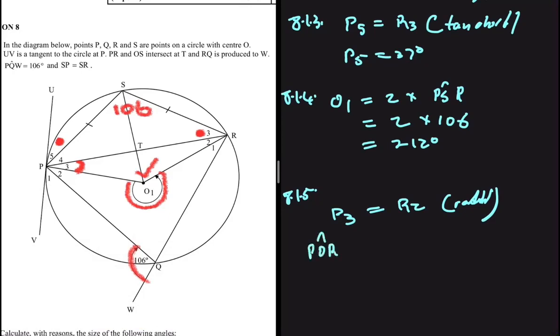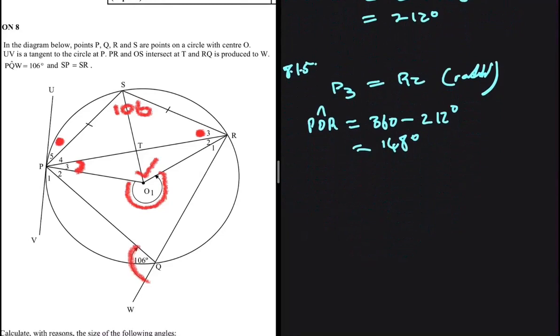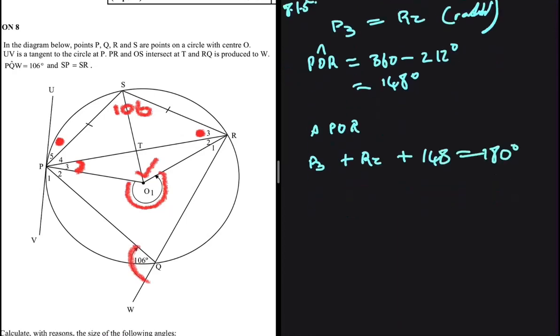So we can say that POR is equal to 360 minus 212 degrees, because the angle around a point is 360. That is 148 degrees. So now in triangle POR, we can say that P3 plus R2 plus 148 is equal to 180 degrees.